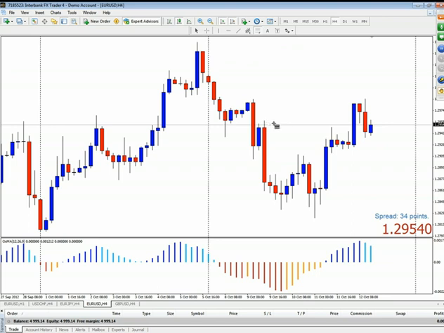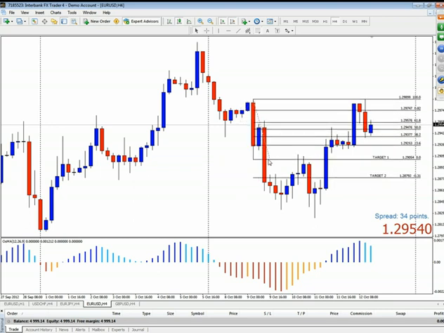Because we drew it from here to here, the next one we'd draw would be from there to there. As you can see, what did it do? It basically came up to the 61.8 right there and shot down like a submarine down to the bottom of the sea, and it went right to your targets. So that was the second trade with the Fibonacci.